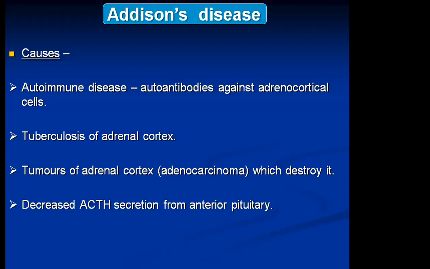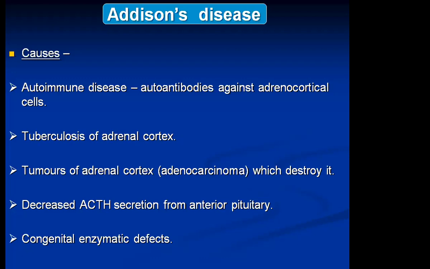Now, in certain conditions, this ACTH secretion from the pituitary will be at fault. So, at fault is definitely the anterior pituitary in certain conditions. There can be congenital enzymatic defects as well in certain patients. We had seen the various pathways for formation of cortisol, aldosterone and various other hormones.